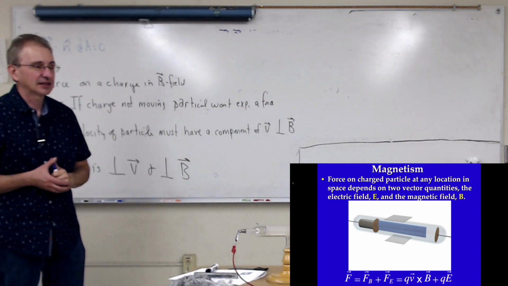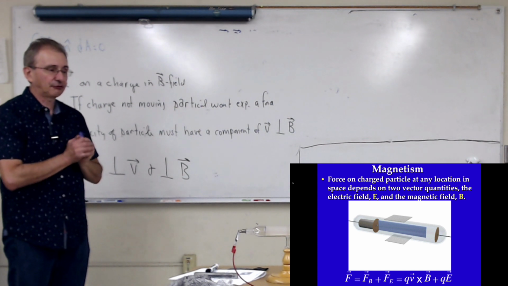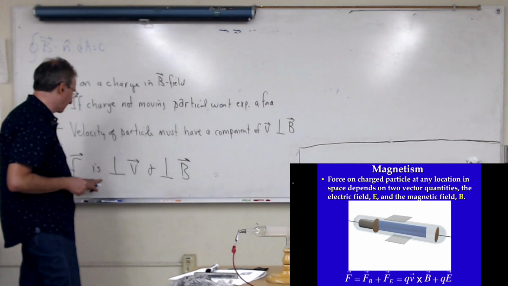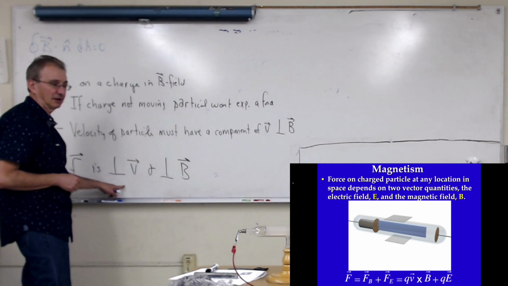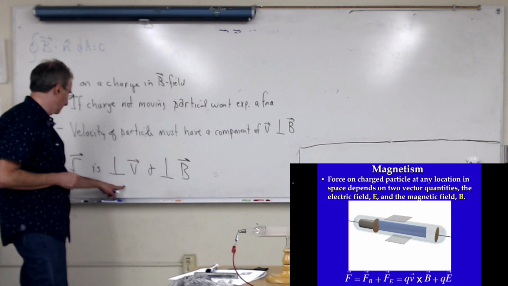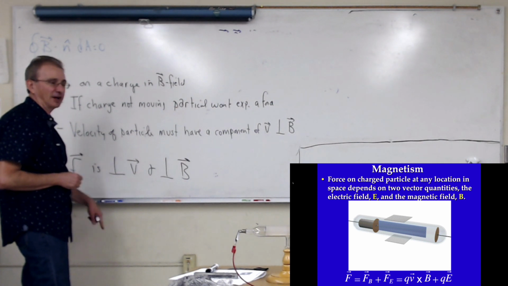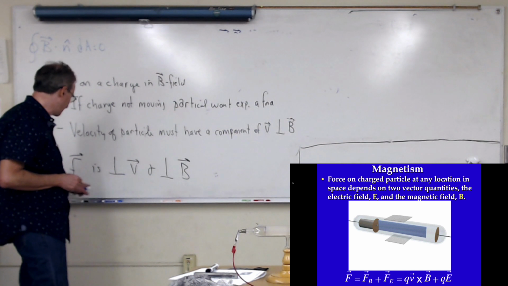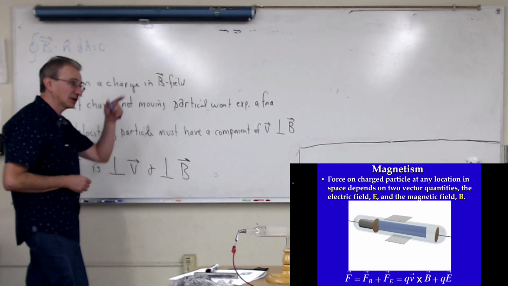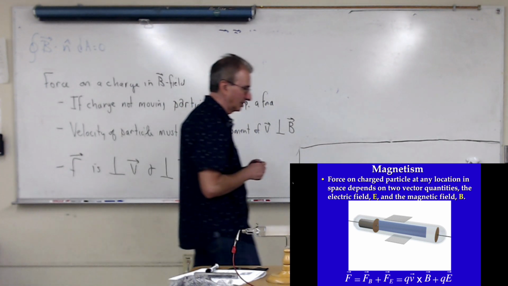Okay, so the force on a charge in a magnetic field, because it has this behavior, involves a cross product. If F is perpendicular to both V and B, that means that you have to deal with the cross product.